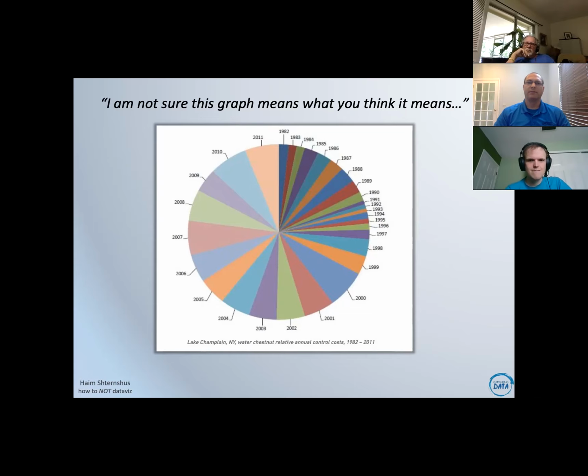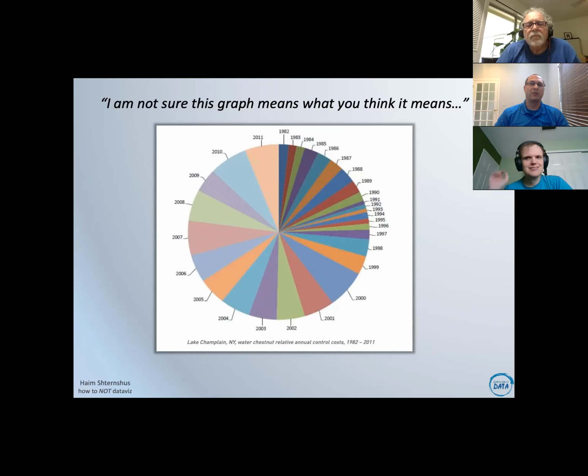So what we have here is the relative annual cost between 1982 to 2011 of chestnuts, apparently. And for some reason, the creator of this visualization decided to put it in a pie chart. So if I'm asking you, in general, are we looking at increased costs, or are costs getting higher every single year?